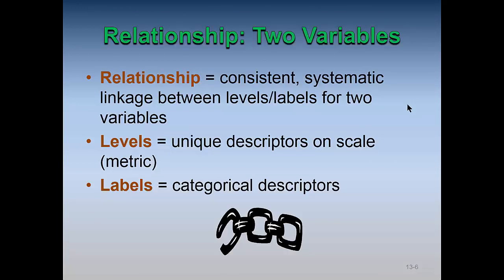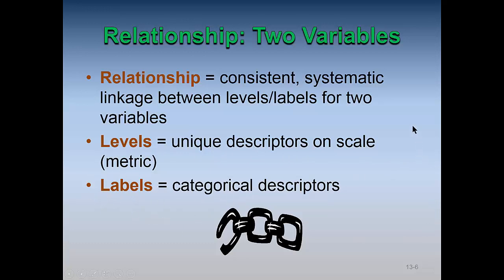When we look at relationships, it depends on the type of question really. For example, if we're looking at metric questions, we're looking at differences in the levels. And if we're looking at categorical questions, we're looking at differences in the labels.